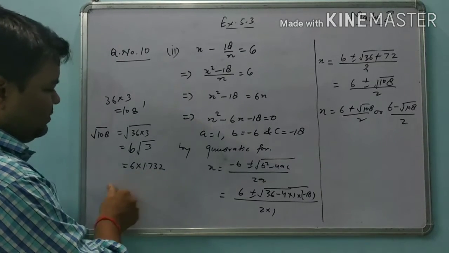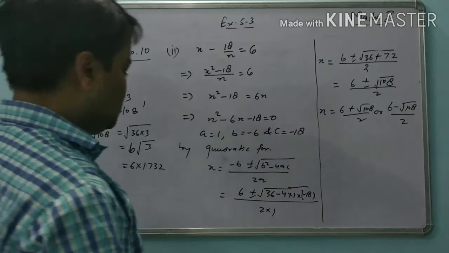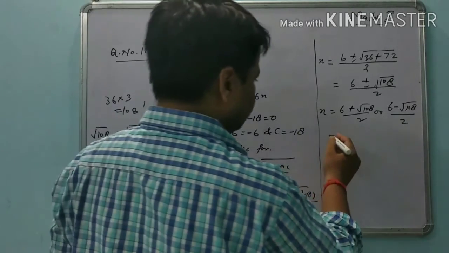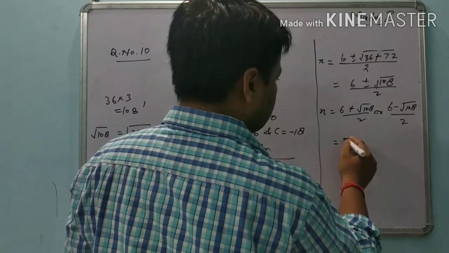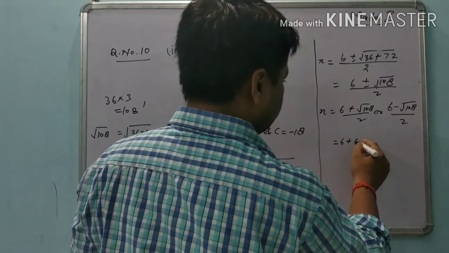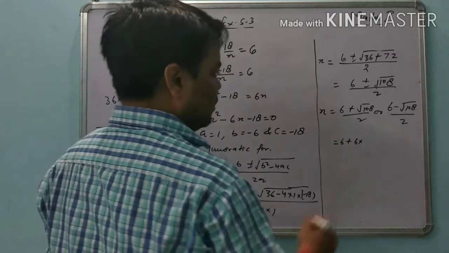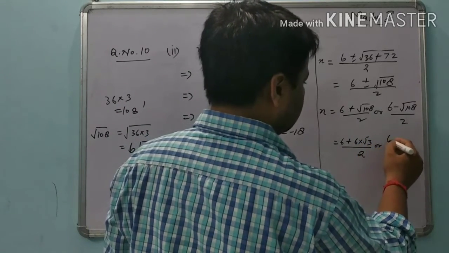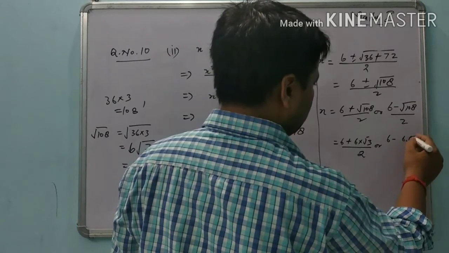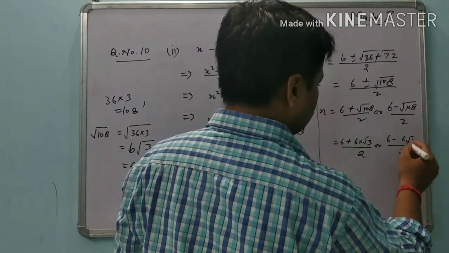Give it like this. So here we can write it as 6 plus 6 into root 3 by 2, or 6 minus 6 root 3 by 2.